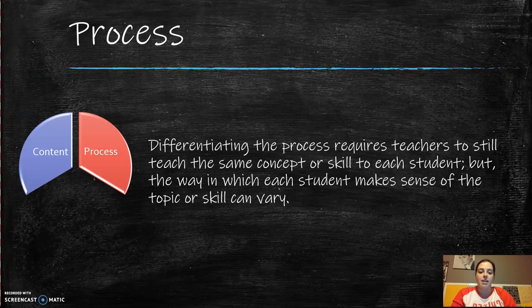Then there's the process. So differentiating the process is, again, you're teaching the same concept or skill to each student, but it's just the way in which you deliver that information that makes sense to the student. It can vary.